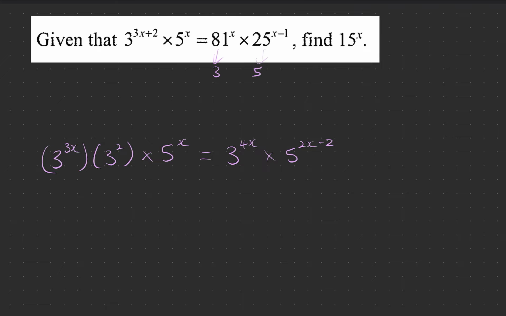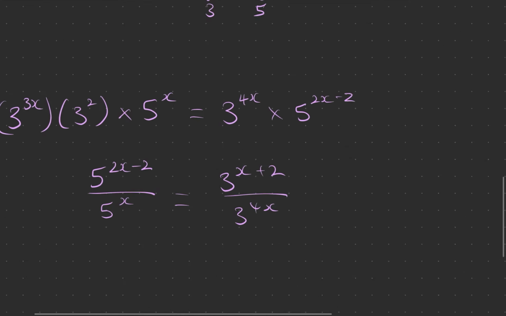Okay, I'm going to divide the 5 over to that side. So 5 to the power of 2x minus 2 divided by 5 to the power of x equals, I brought that 5 over because now I need to bring this 3 over, 3 to the power of 3x plus 2 divided by 3 to the power of 4x.